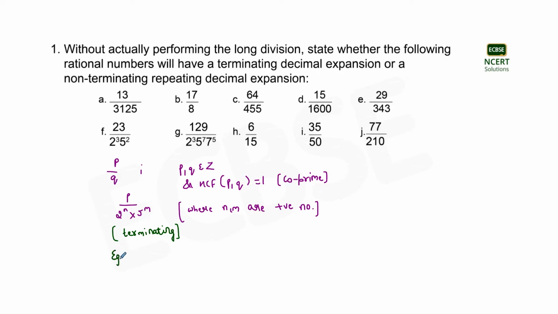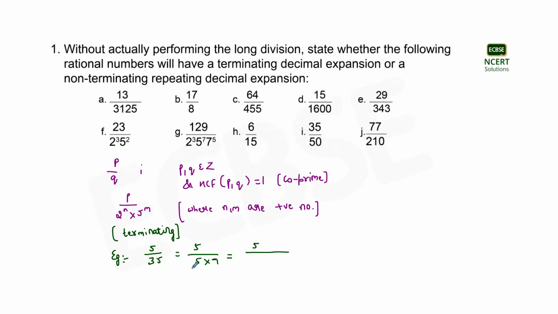Let us understand this by doing some examples. Let us take the example of the number 5 by 35. In this number, the denominator can be written as 5 into 7. As we can see, in the denominator we have the factors 5 and 7, but we don't have a factor of 2.